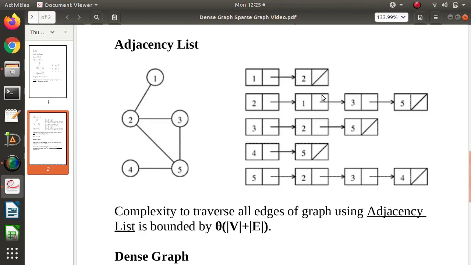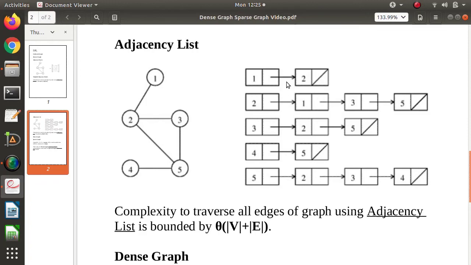Now, what is another approach? If we want to equally allocate work to different processes, what can we do? Here, we will break this linked list. We will make sure that all the processes get an equal number of edges. So we'll break this linked list and allocate an equal number of edges to each process.